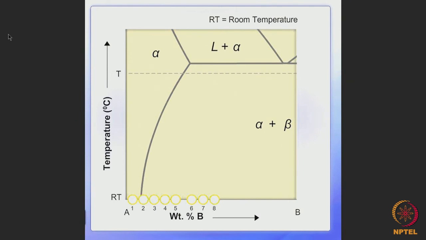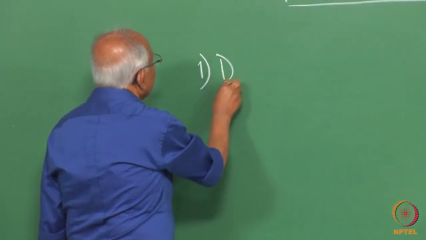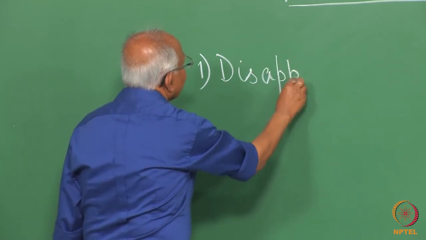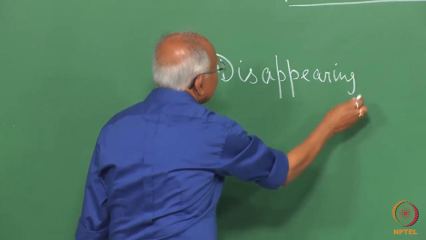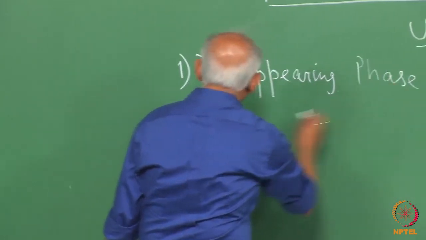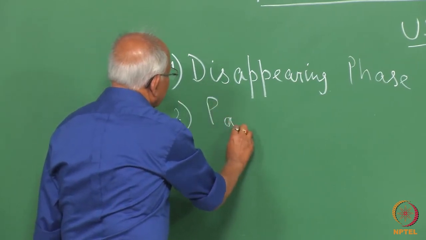There are two XRD methods for determining the solvus curves, and these are: number one, the disappearing phase method, and the second method is the parametric method.